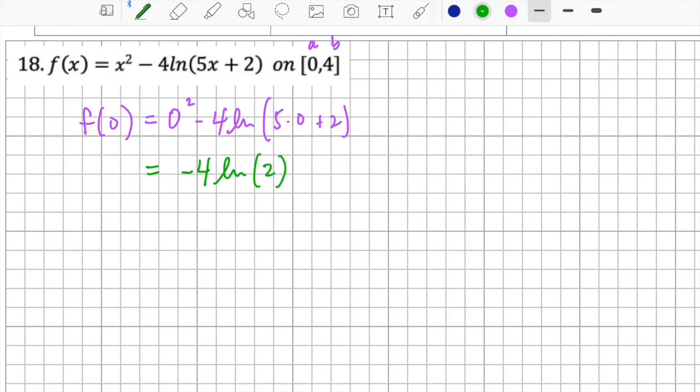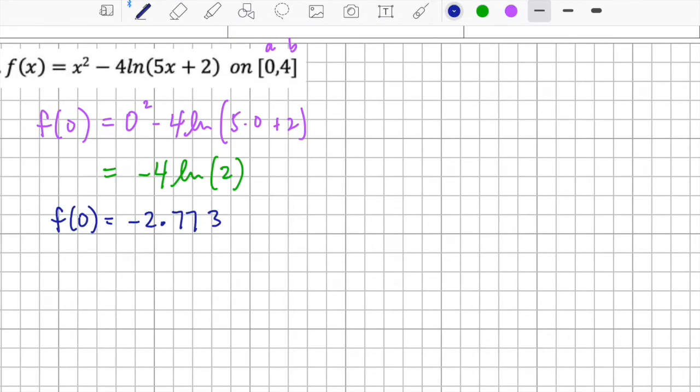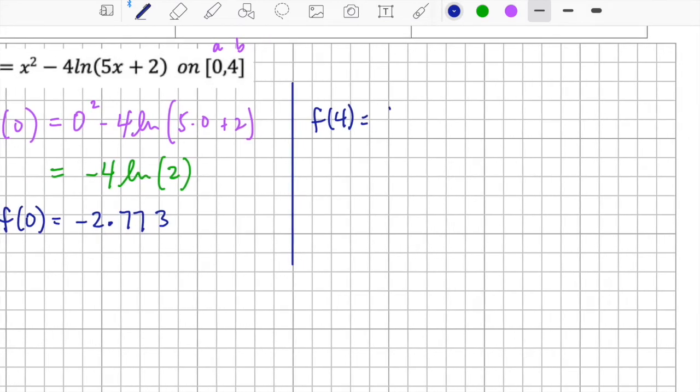So we get our calculator, and we find out what is negative 4 times natural log of 2. And that gives me a negative number. So I'm going to write it as f of 0 equals, and since it's giving me decimals, I'm going to round to 3 decimal places, which is negative 2.773.